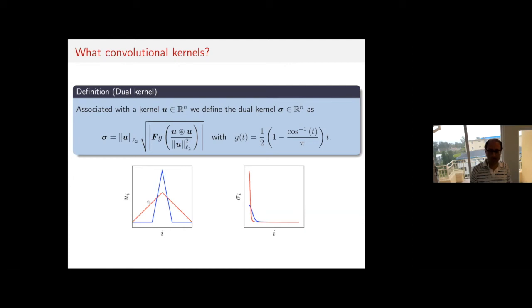This is for different bits, but essentially they die out very quickly. So that's the key part: the dual kernel, for which there is a formula, has to drop down very quickly. That's very key in this, and we'll see why.